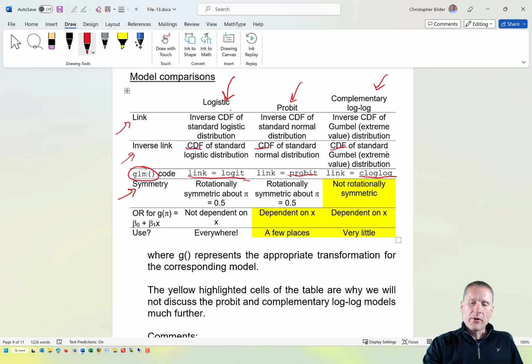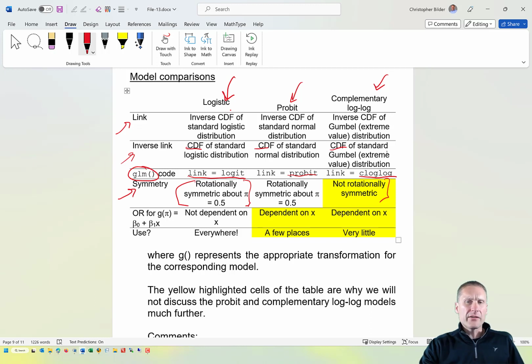Symmetry. Remember early on we said that the logistic regression model is rotationally symmetric about pi equal 0.5. Probit models are like that as well, but a complementary log-log model is not.